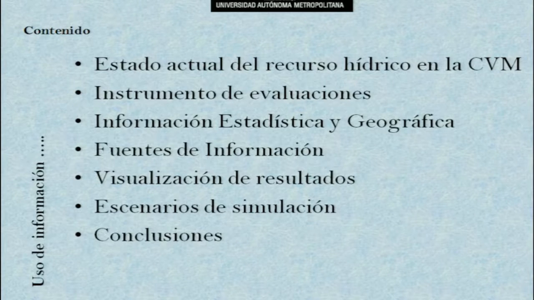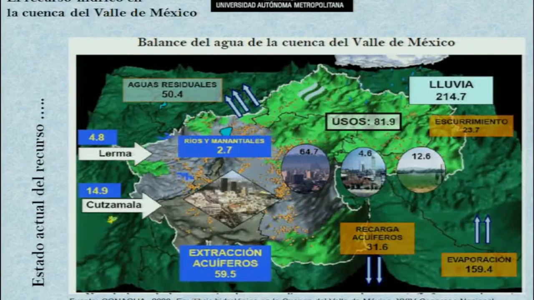Maybe one of the summaries that can better describe the condition of the water resource in the basin of the Valley of Mexico is this image from Conagua that appeared at the beginning of this sexennium, by which we detail information of all the inflows and outflows and the uses of water.